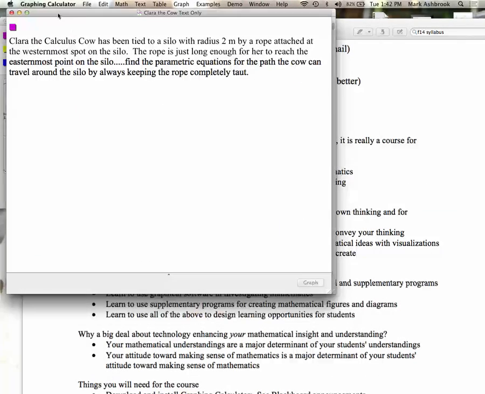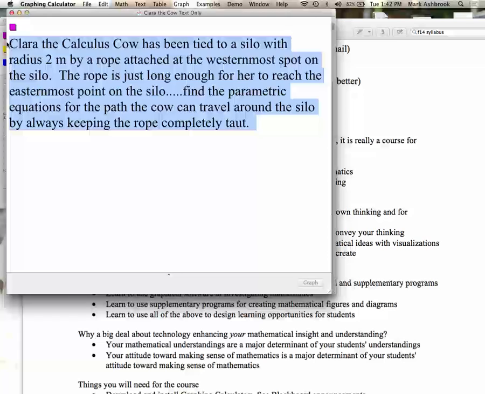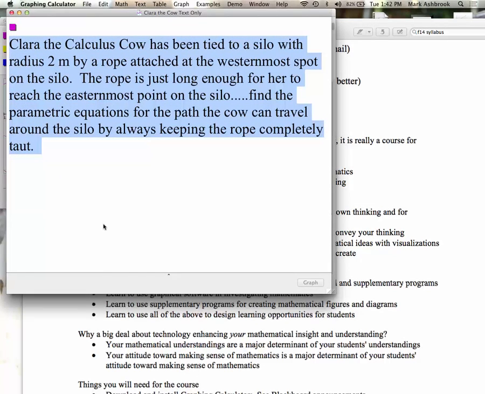Here's a problem situation. Has everyone read it? Clara, the calculus cow, has been tied to a silo with a radius of 2 meters by a rope attached to the westernmost spot on the silo. The rope is just long enough for her to reach the easternmost point on the silo. Find the parametric equations for the path the cow can travel around the silo by always keeping the rope completely taut.